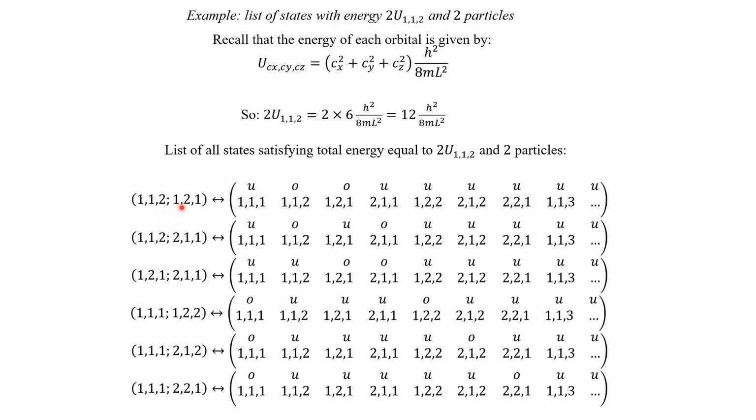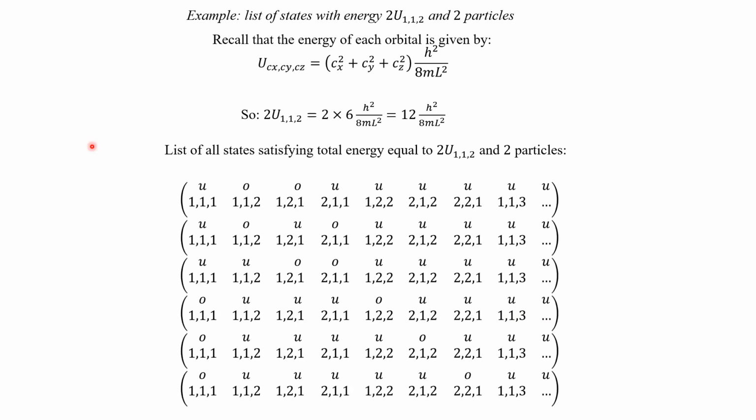So 112, 121, we receive the letter O here, and U for all the others, 112, 211. So we have the letter O here, and the same for all of them. For example, 111, we receive the letter O here, 122, receive the letter O here, and U for all the others.